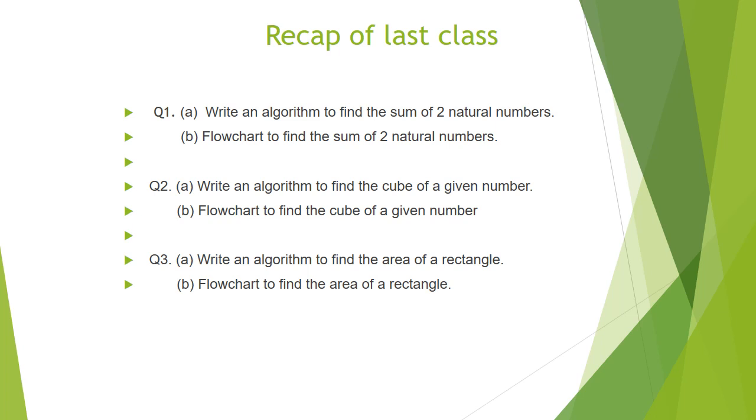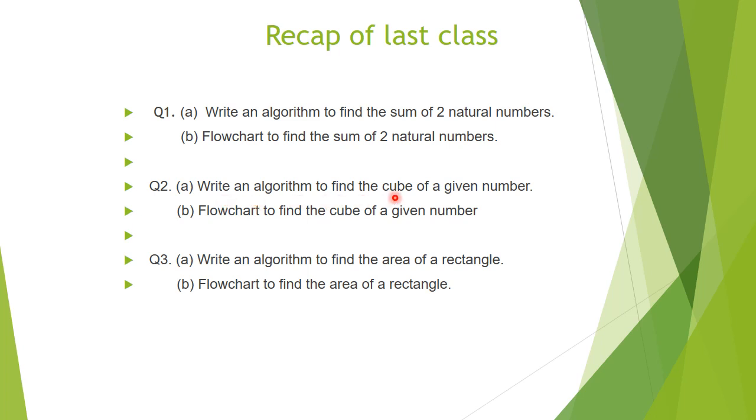Okay, let's have a brief recap on last class. Last class we discussed an algorithm to find the sum of 2 natural numbers and how we represent the same algorithm in a flowchart. The same algorithm and flowchart we did in class, and you were told to write it in your notebook.